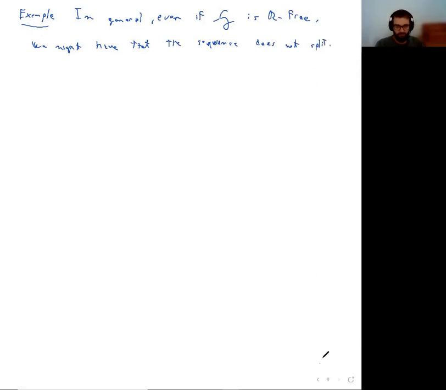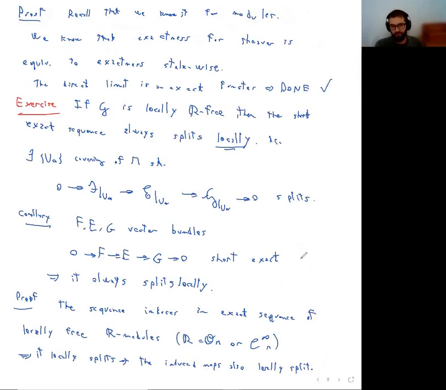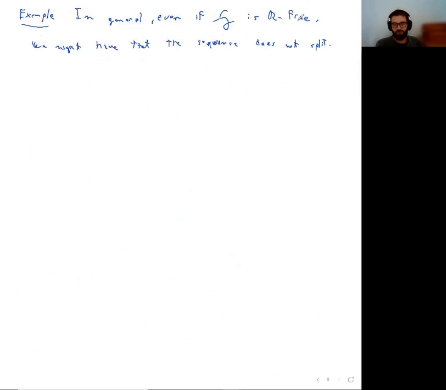Of course, if you're free, you're locally free, so it locally splits by what we said. But what I'm saying is that even if you were globally free in the first place, it doesn't mean that you also split globally.